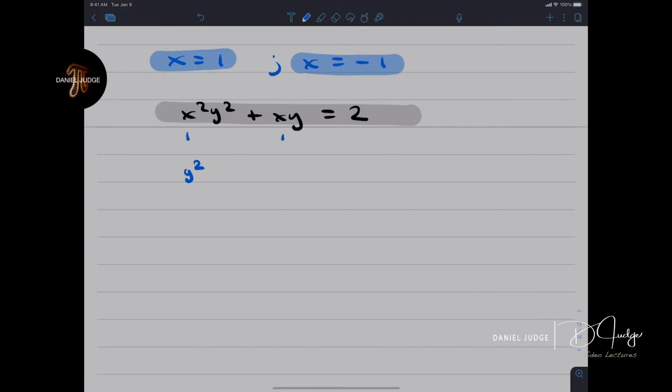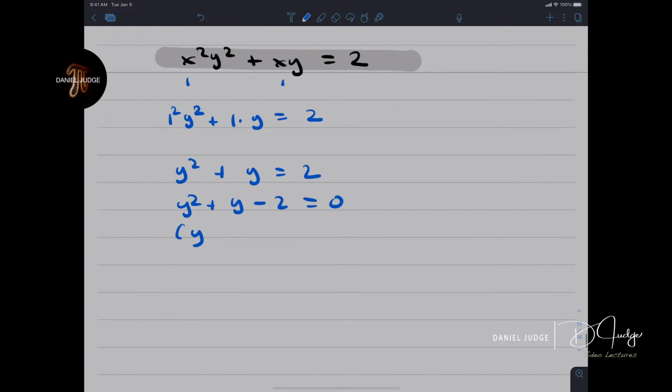If I plug in x as 1 now, I can find the y values, meaning I get y squared, it's really 1 squared, plus 1 times y equals 2. Y squared plus y equals 2. Y squared plus y minus 2 is 0. And now I can factor and solve this quadratic. So this will be 2, and this will be 1. This is y plus 2, and this is y minus 1.